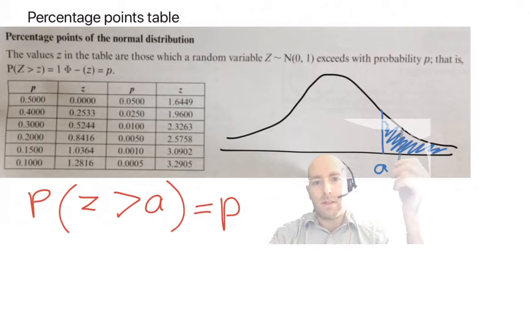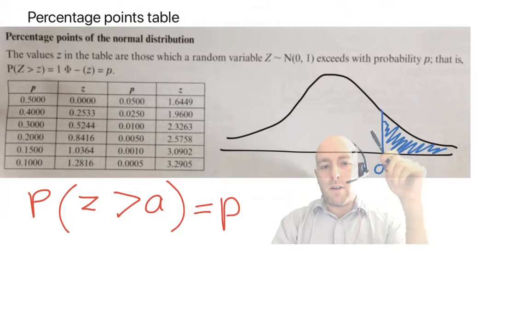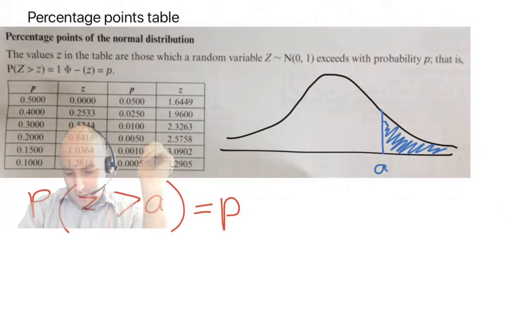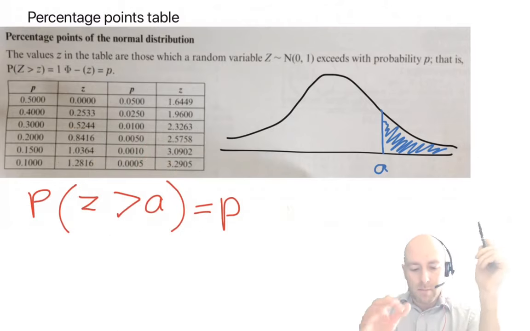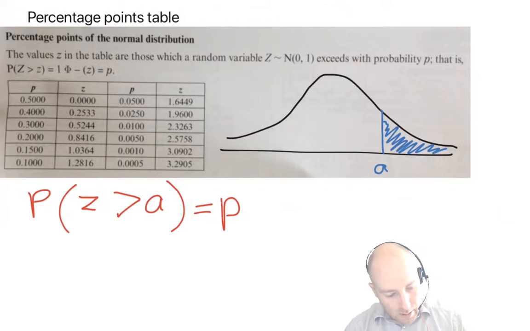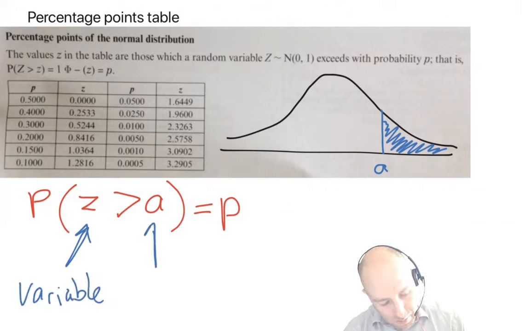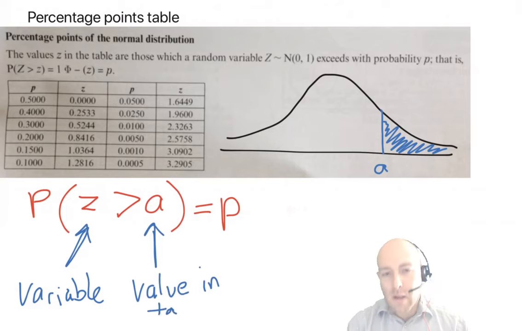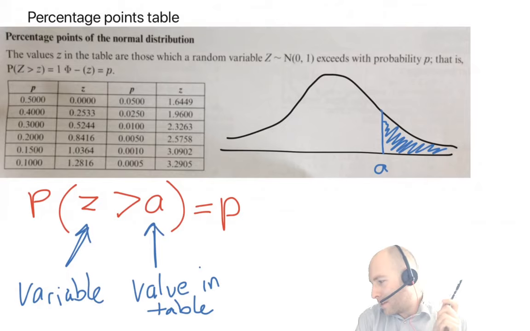We can then use it. This is a quicker way rather than reach for the calculator. We can use the table values instead. So if I label this, we can put this into your notes as well. Z is your variable. This bit is value in table. They call it Z, as you can see in the table. I call it A because the students do get confused if they've got two Z's in the same brackets.